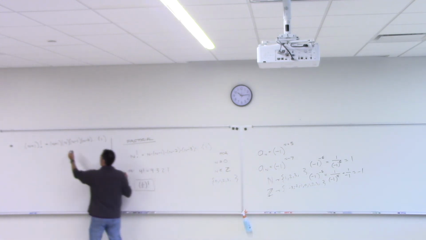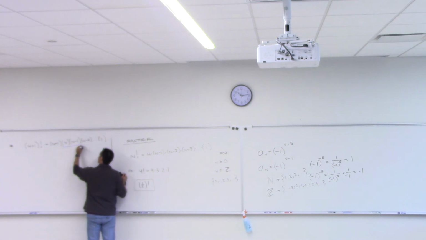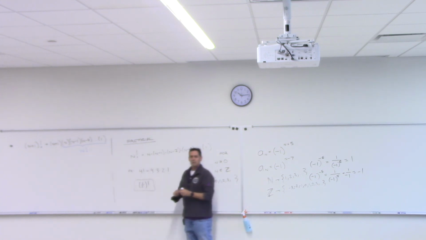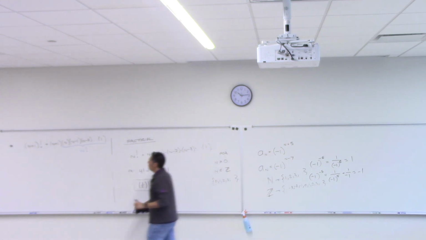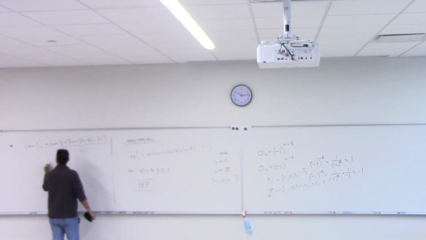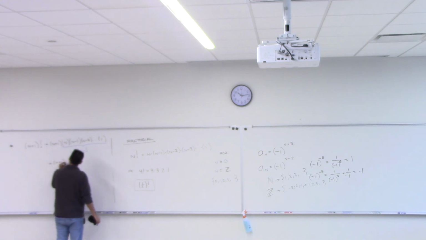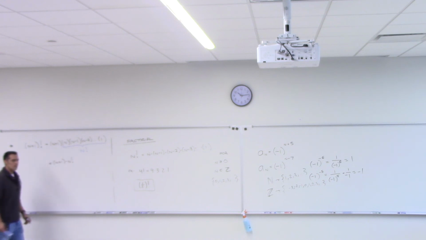But this, from here to here, is just n factorial, isn't it? So I can write this as n plus 1 times n factorial.